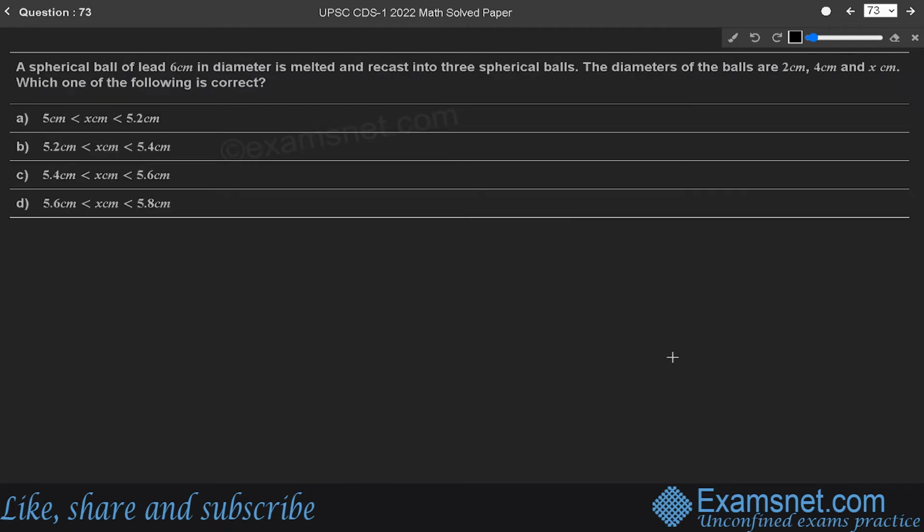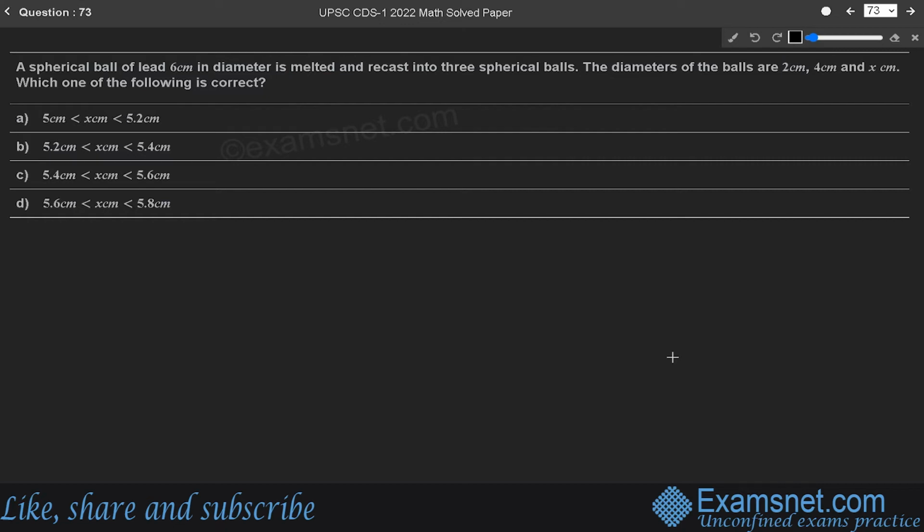Next question is, a spherical ball of lead 6 centimeter in diameter is melted and recast into 3 spherical balls. The diameter of the balls are 2 centimeter, 4 centimeter and x centimeter. Which one of the following is correct?